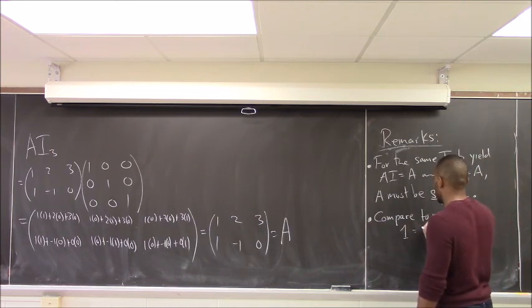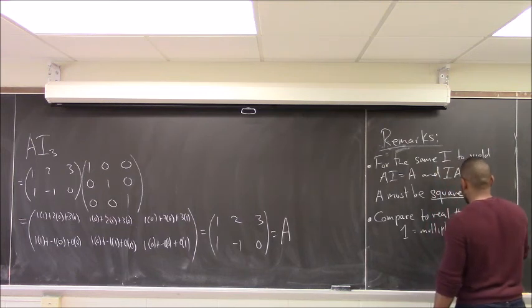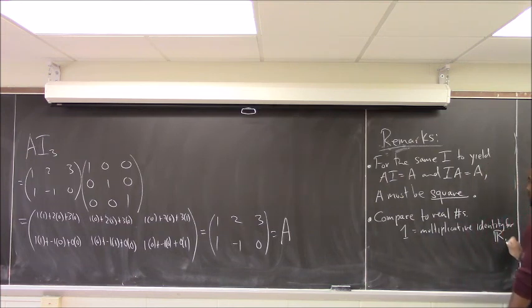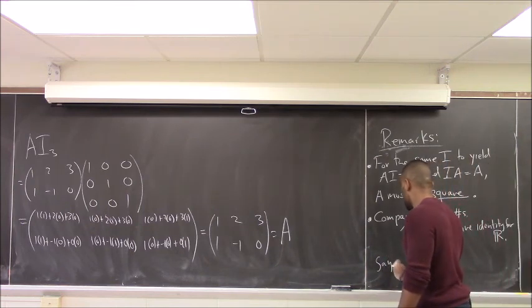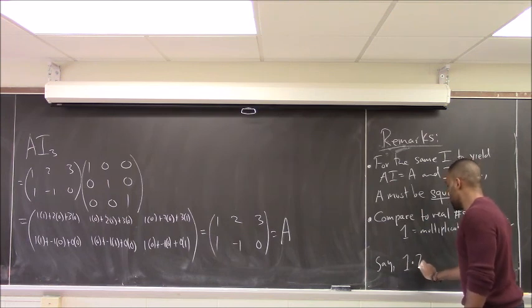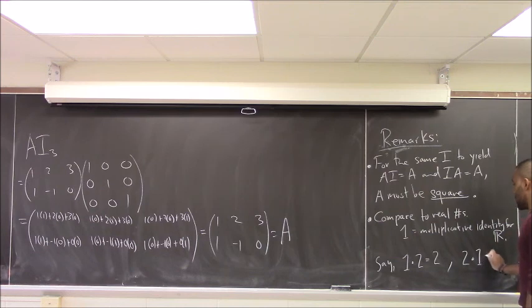One is the multiplicative identity for R, right? So if I can take 1 times 2, that will give me 2. I can also take 2 times 1, and that will give me 2, right?